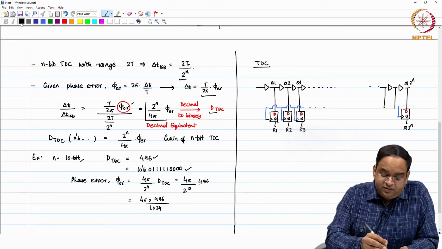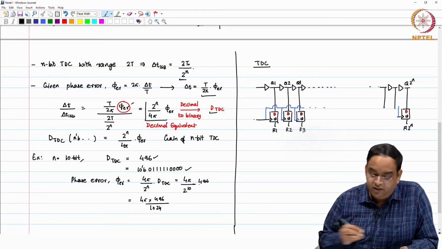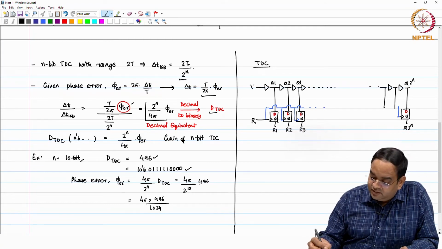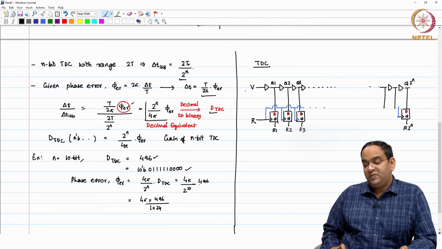Okay. And this clock, what you are seeing here, is another signal which is your reference signal, and this is your feedback signal.